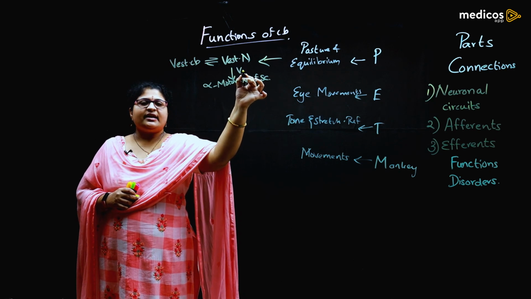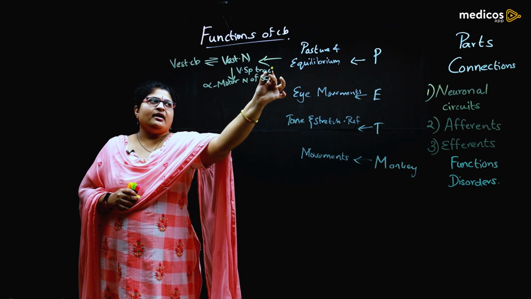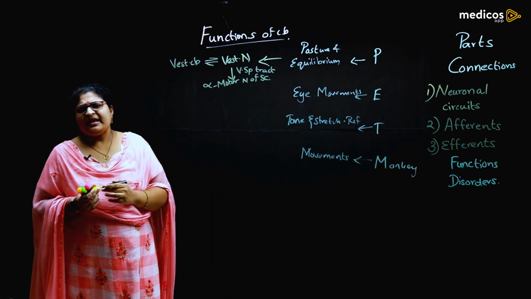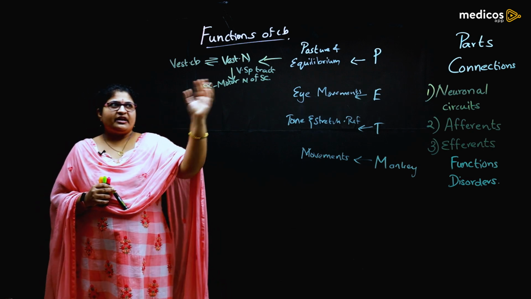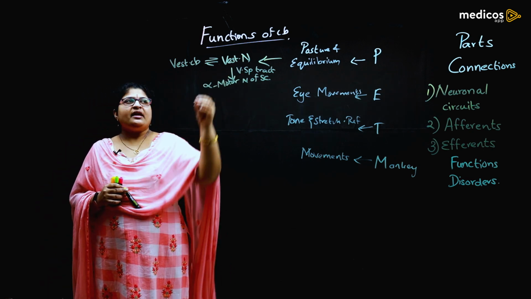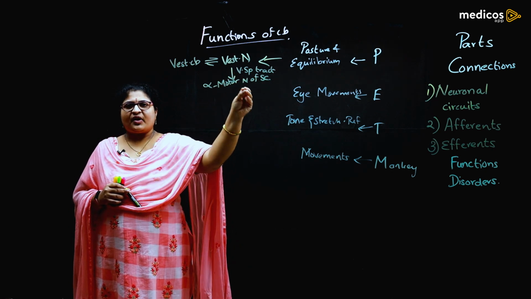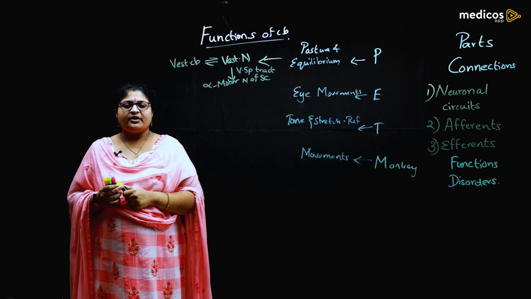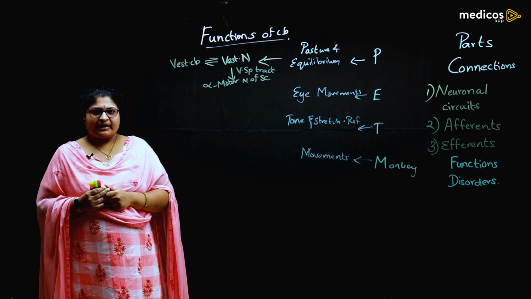Which tract is involved here? The vestibulospinal tract. The information is exchanged between them, and the vestibular nucleus via the vestibulospinal tract controls alpha motor neurons of the spinal cord, and thus posture and equilibrium are regulated.